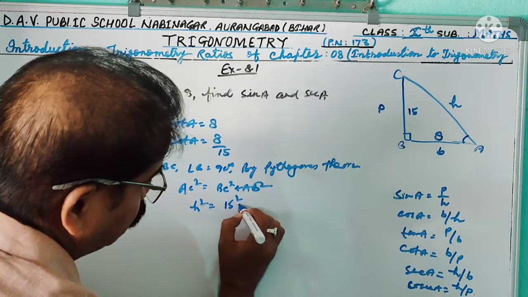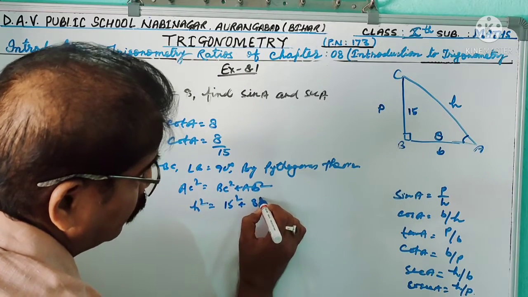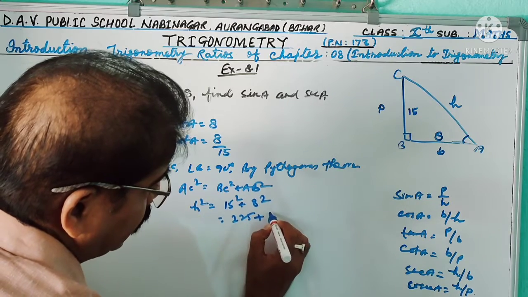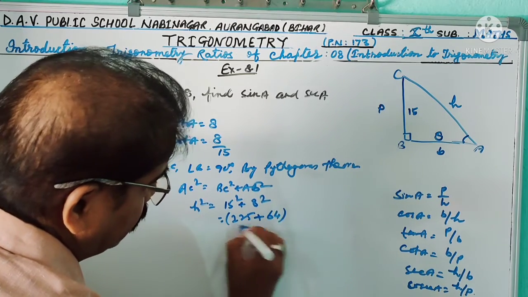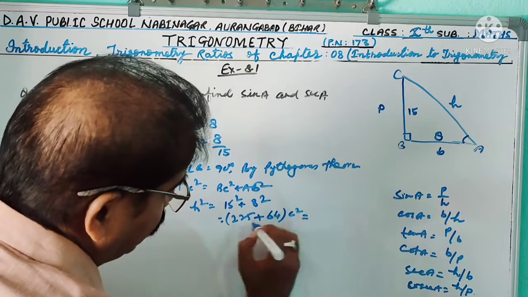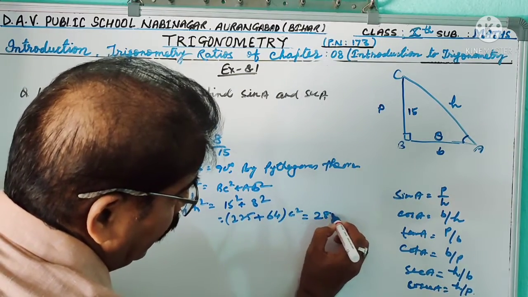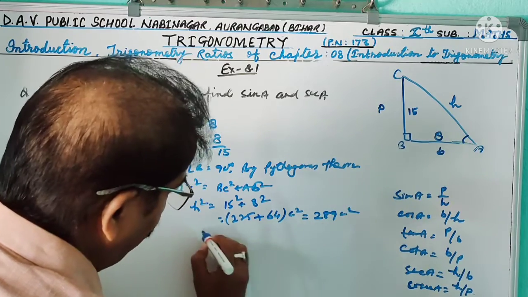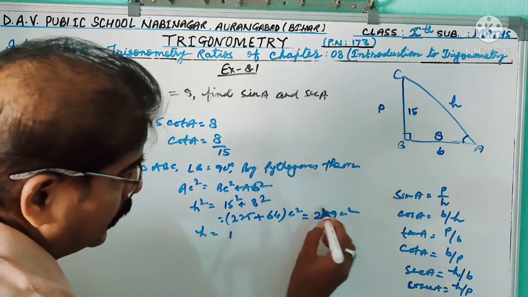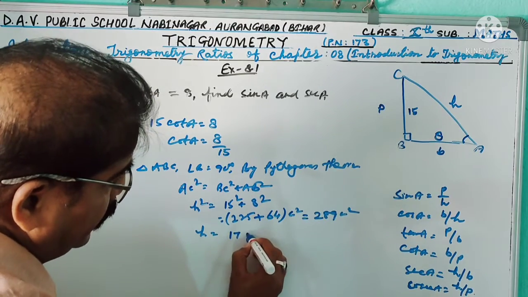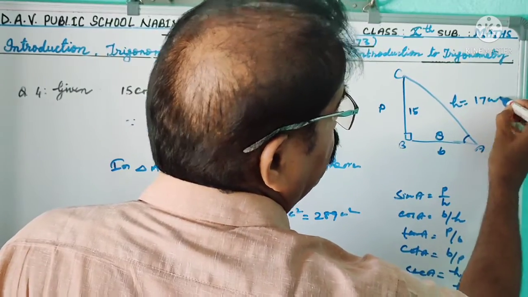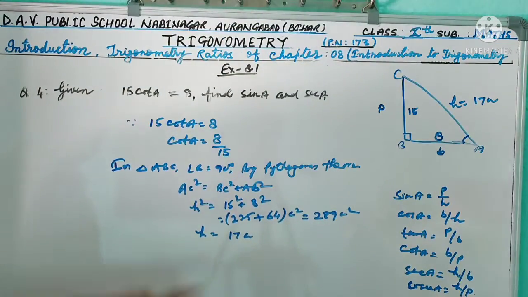So 15 square plus AB square equal to 8. 15 square equal to 225 plus 8 square, 64 centimeter square. That is 289 centimeter square. So H equal to, that is AC equal to under root 289, that is 17 centimeter.